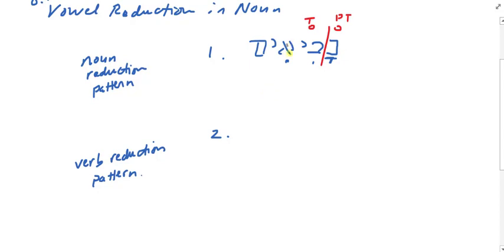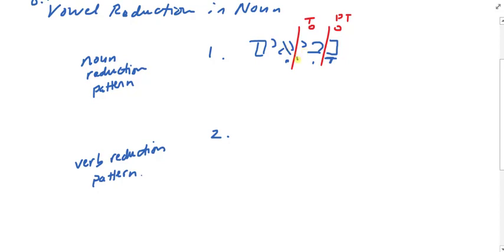The aleph is no longer quiescing, because aleph only quiesces because it's a lousy closer. When it's trying to close a syllable, it gives up and says, you win, and it becomes nothing. But here, it's opening a syllable because it has a vowel under it. So if I were to divide the syllables now, the aleph has to take its own syllable. The im is stealing the aleph away.